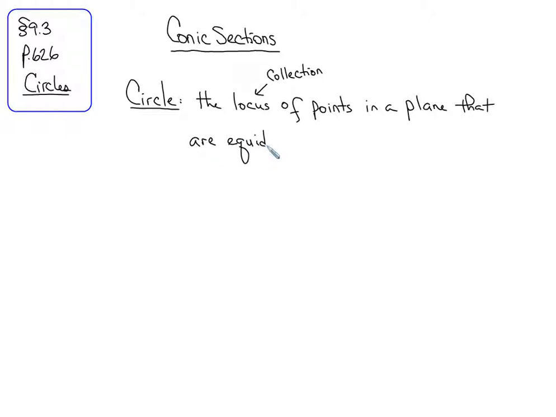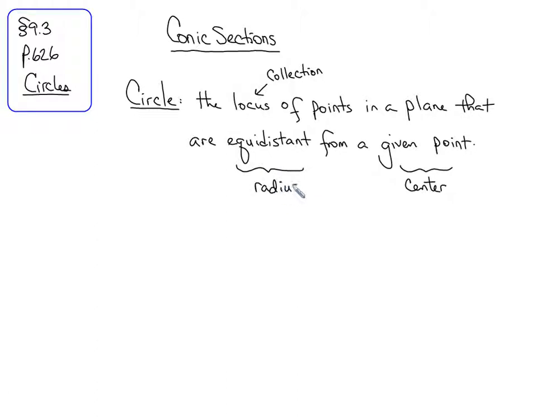What does equidistant mean? Equal distance, right? Equidistant from a given point. That given point is called our center, and that equal distance is called our radius. And so those are the two important parts of a circle, are the center and the radius.